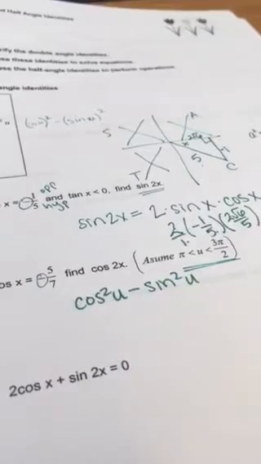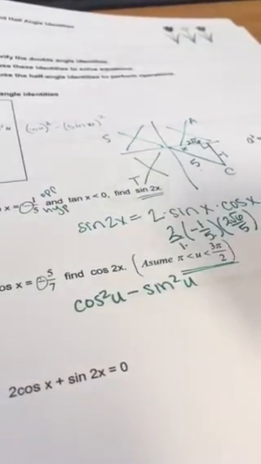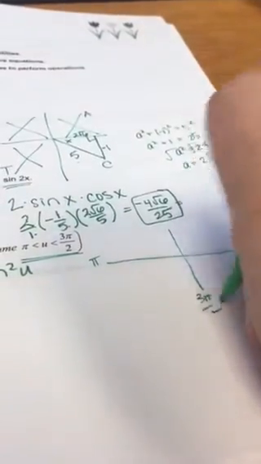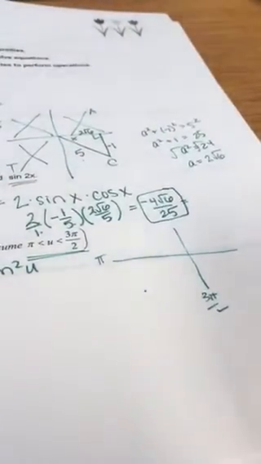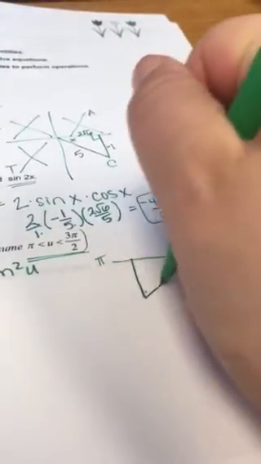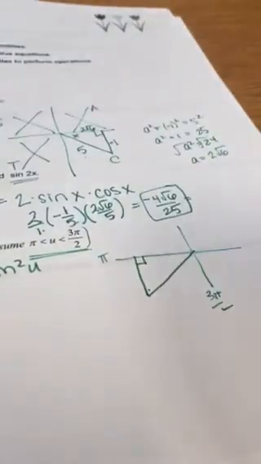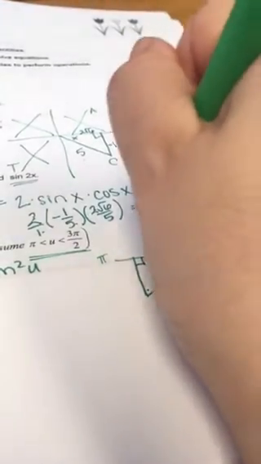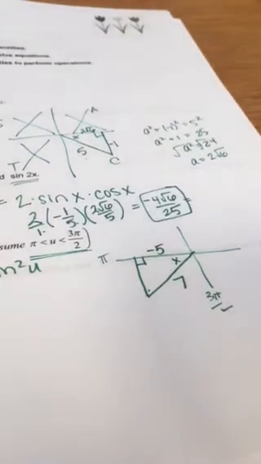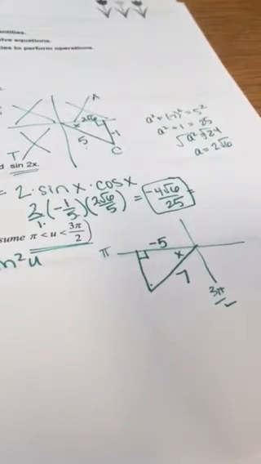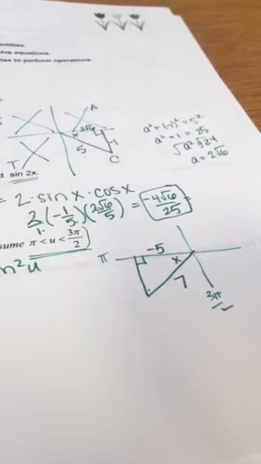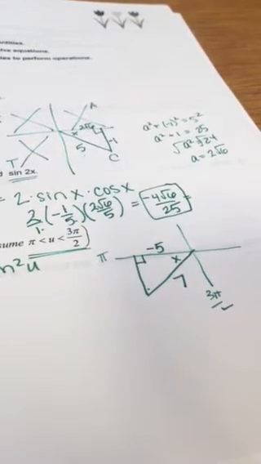Now we're told a little bit of information here that's going to help. It's between pi and 3 pi over 2, so I know that it's in the third quadrant. I have some triangle stuff here. X is here. Cosine is adjacent over hypotenuse. I want to do Pythagorean theorem. You know what? If you do this, totally fine.